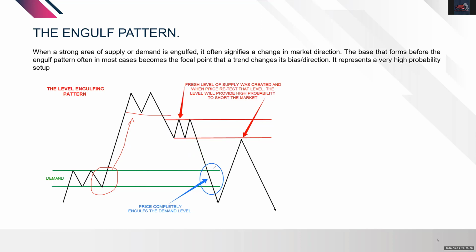But now the demand is engulfed. There's no consolidation, there's no ranging or anything. Price just rallies through and closes below. When it comes back up here to the new supply zone that was created, you need to be hunting for short trades.